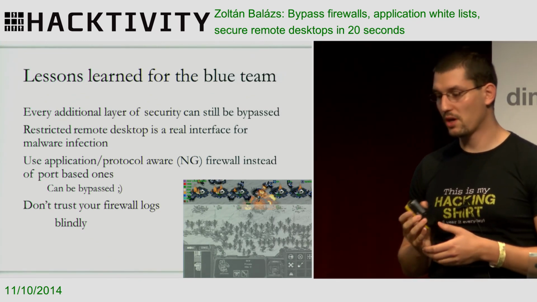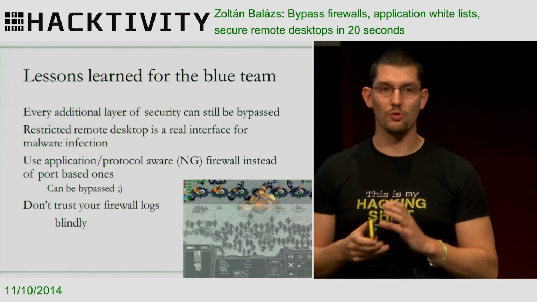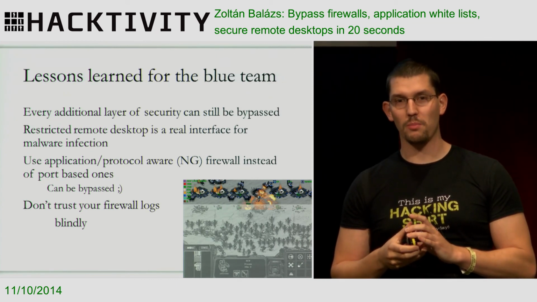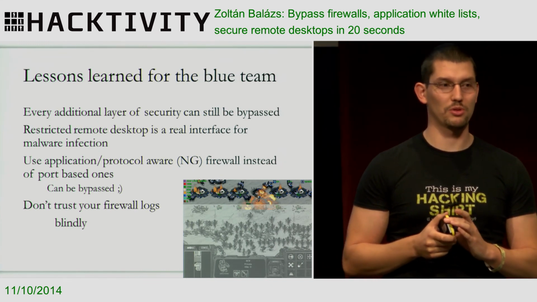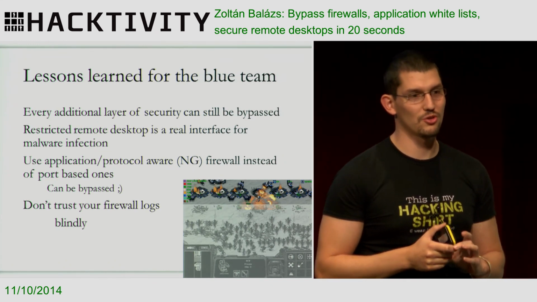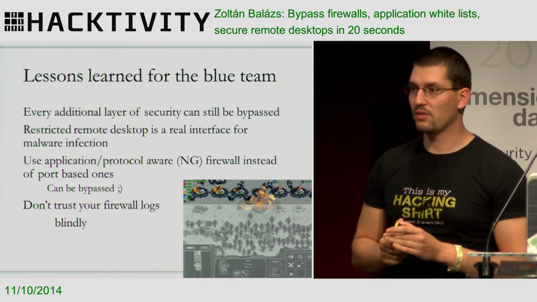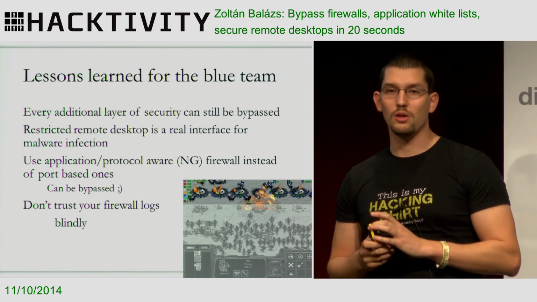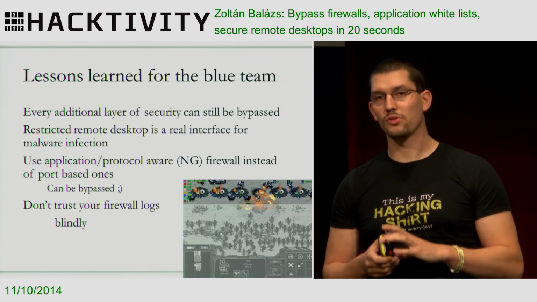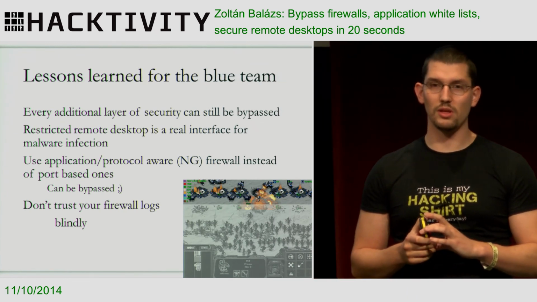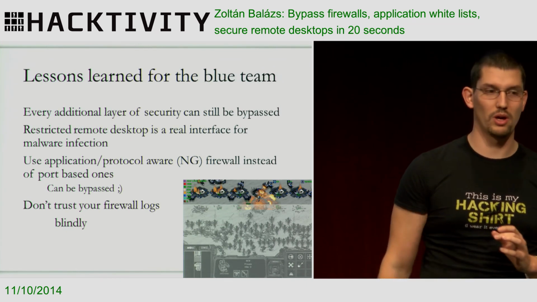But my current research is that I am building a new proxy which will basically wrap all my communication, and it will look like an RDP protocol in order to fool these next generation firewalls. And also in a log analysis or incident response scenario, you should not blindly trust your firewall logs, because on Linux or Windows, it is very easy to mess with what the hardware firewall sees and what really happened in the background.